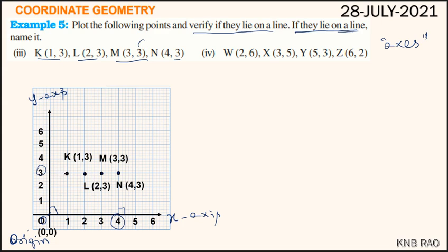If that line passes through the rest of the points, then all those points lie on the same line. Let us draw a line now. You can see a line passing through all 4 points.